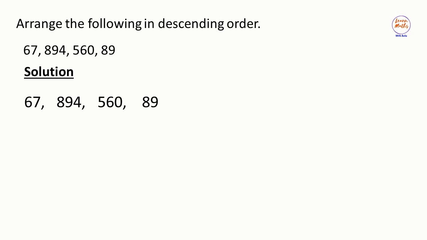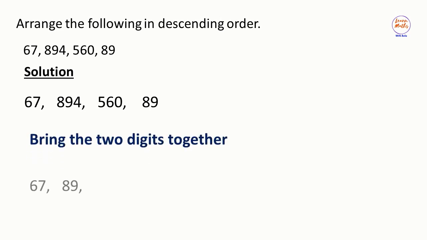I tell my students, like I'll say again in this video, now you have 2 digits here, you have 2 digits here. Bring the 2 digits together first. I love doing that. So just bring the 2 digits together. So have something like this, 67 and 89. Then you write the next ones, which will be the 3 digits. So you have 894 and 560.